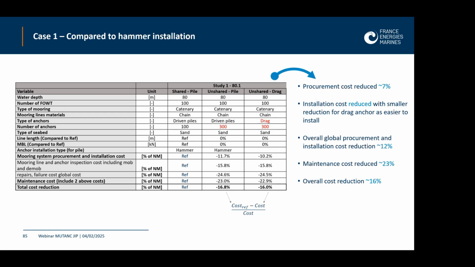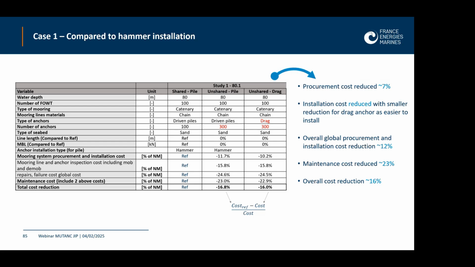You can go to the next slide, please. First, we will only compare the case with hammer installation. What is observed is that the procurement cost is reduced by approximately 7%. The installation cost is also reduced, with a smaller reduction for drag anchor as it is easier to install. And the global procurement and installation cost is reduced by approximately 12%.